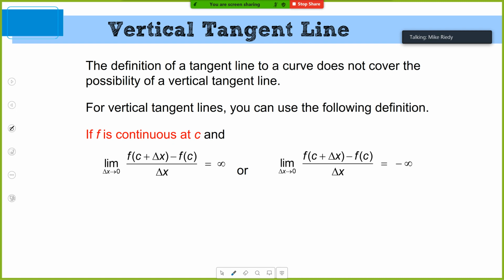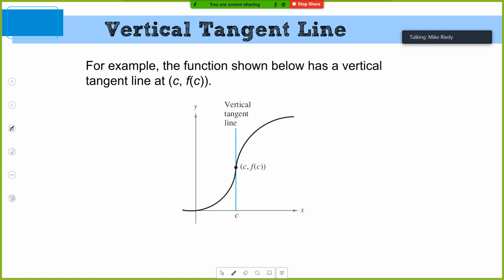Don't get bogged down in the calculus. So here's my example, here's my picture. I've got this curve. If I start with this tangent line up here, I'm going to have some positive slope. As I move it down a little bit further, as it continues to slide, the slope of that tangent is getting bigger and bigger and bigger.